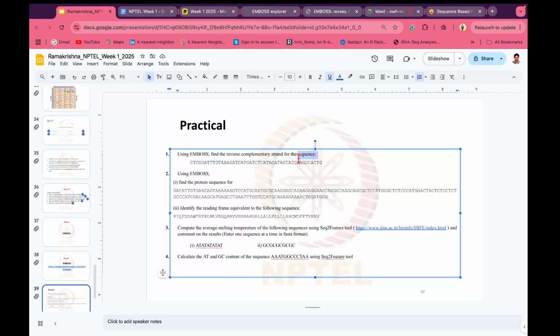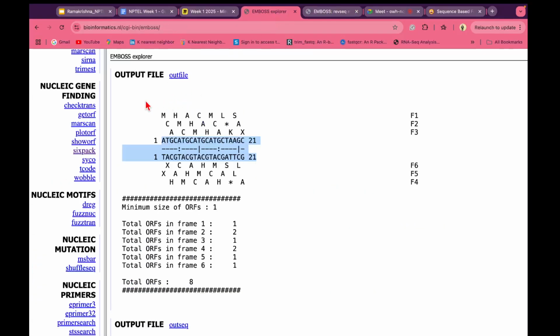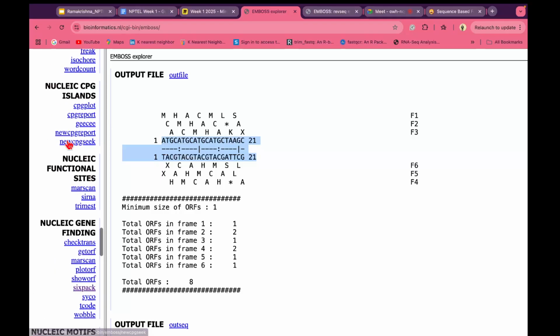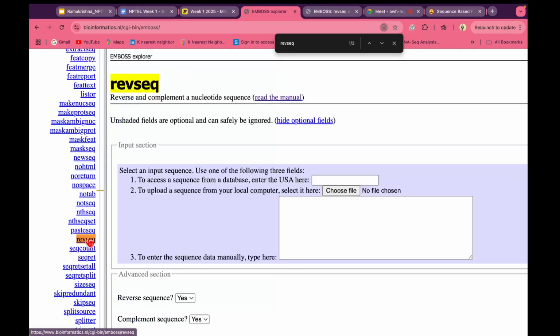Using this practical sequence, I will show you how to access emboss and seek2feature. I am copying the sequence. Revseq is used for finding the complementary strand. Paste your sequence.